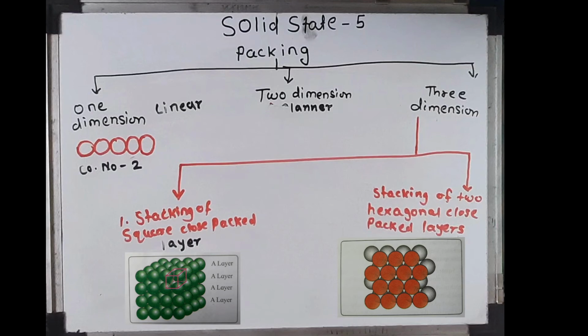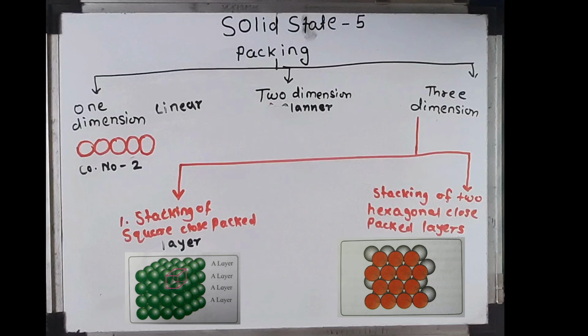The triangular voids that are covered by spheres of the second layer generate tetrahedral voids. A tetrahedral void is surrounded by 4 spheres. On joining the centers of these 4 spheres, a tetrahedron is formed, which encloses the tetrahedral void.